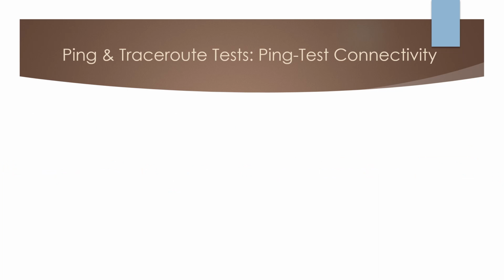To test connectivity to another host on a network, an echo request is sent to the host address using the ping command. If the host at the specified address receives the echo request, it responds with an echo reply. As each echo reply is received, ping provides feedback on the time between when the request was sent and when the reply was received.